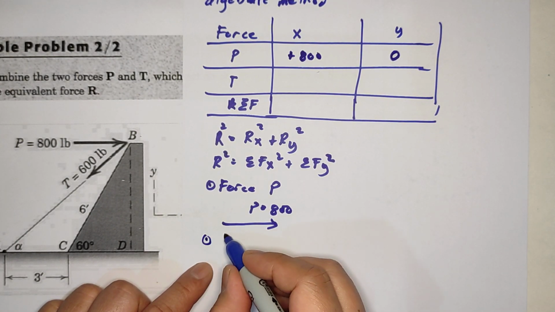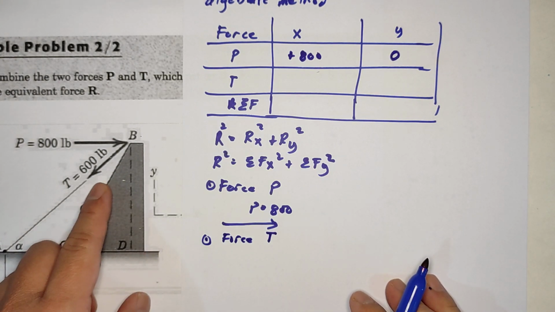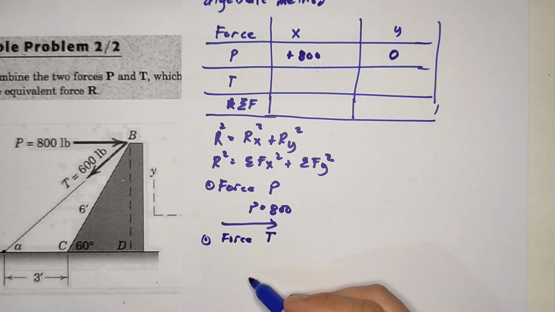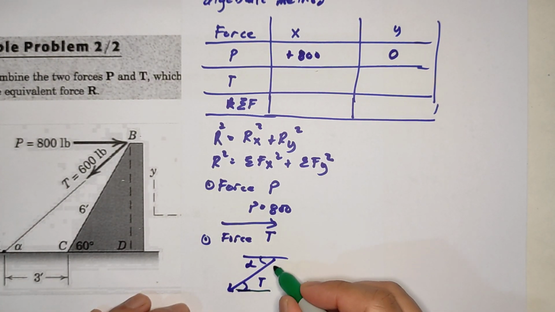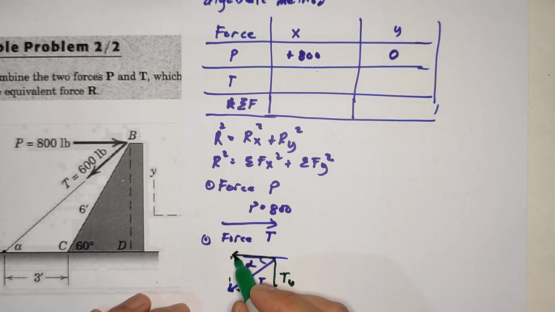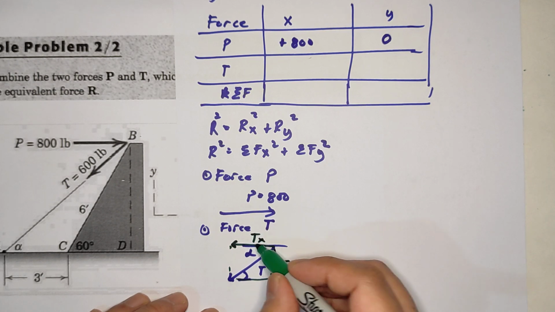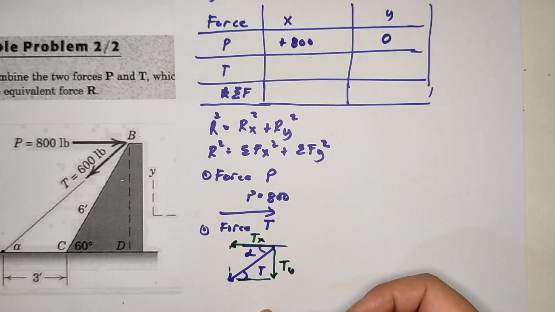Now, for the force T, okay, this is the one. So you have here force T. Now we computed this is alpha. This is Ty and this is Tx. They're both negative because it's to the left and going down.